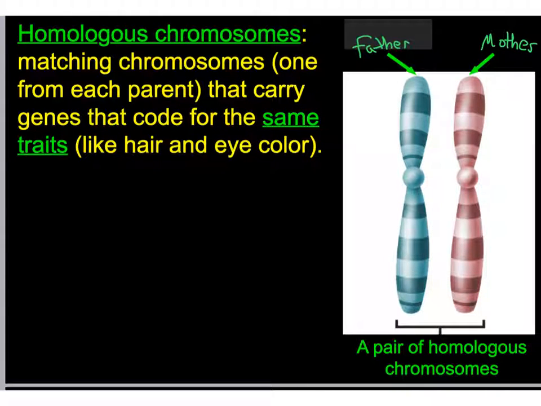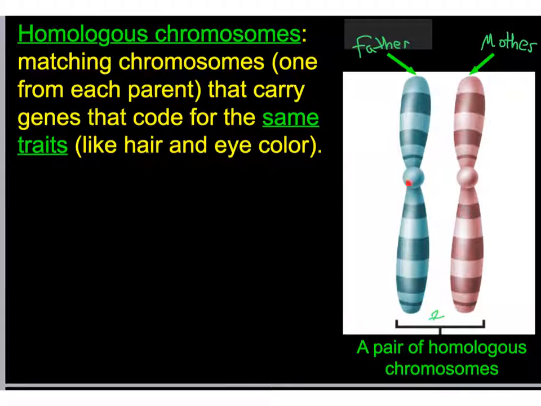trait. So let's pretend maybe, for example, this is chromosome pair number 1, okay? And that we could have done any of them, right? 1 through 22 at least, or the 23rd pair is a little different, but essentially the same. And so with this pair, we get one of those from our dad that came from the sperm and one that came from mom in the egg. And so now together we're diploid.